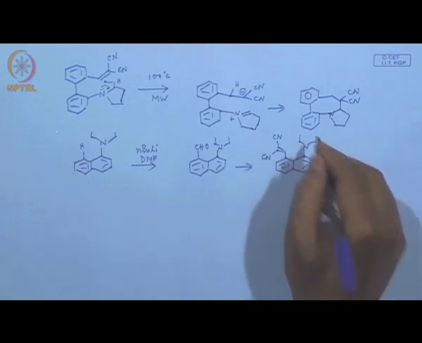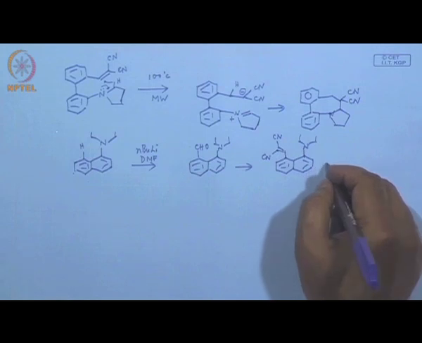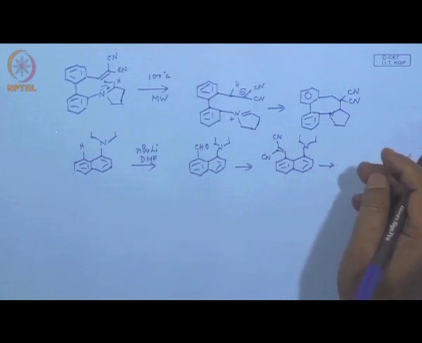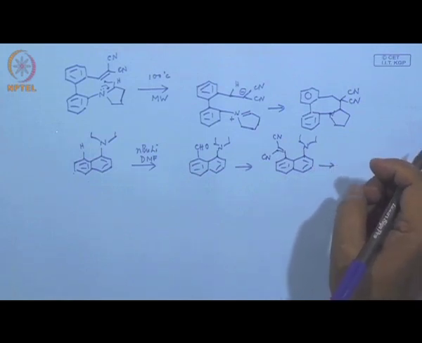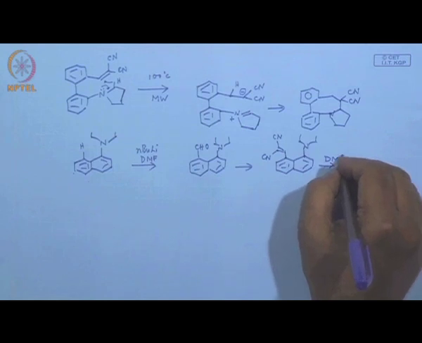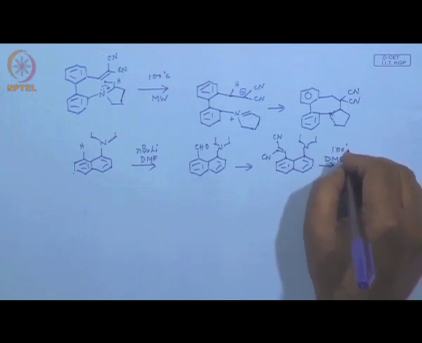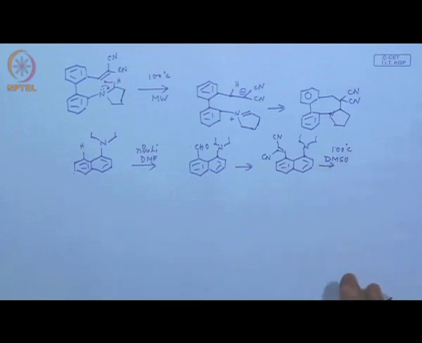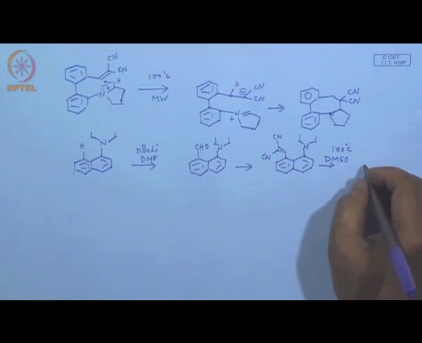You can have all kinds of alkyl groups. The reaction condition is heat, the solvent is DMSO, and the temperature is around 100 degrees for 4 hours. So, you get this reaction done, and this has been verified by deuterium labeling.